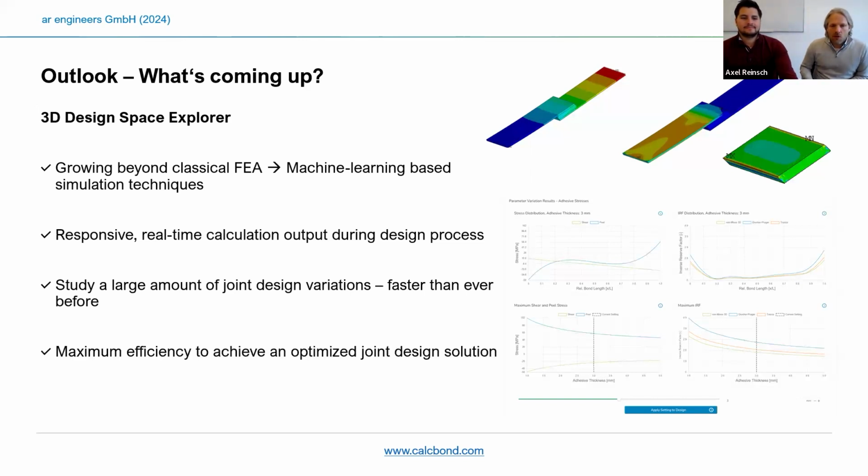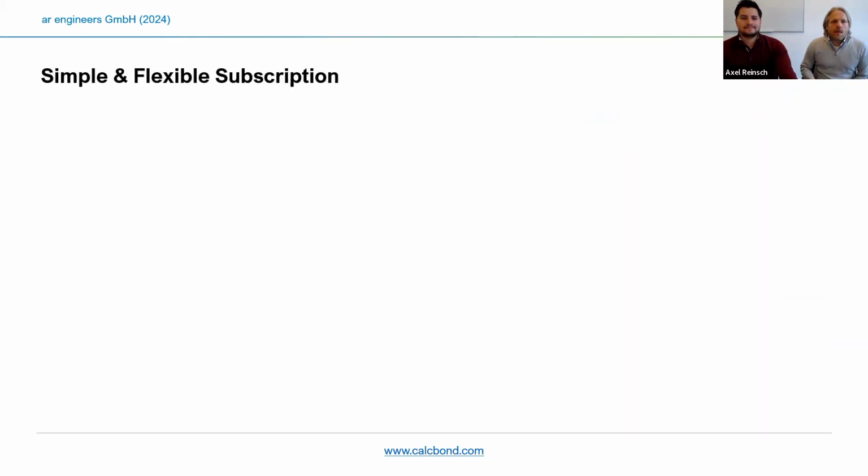The response time is, of course, very small, instead of the case today, where you go into the Auto FEA and do a calculation. It takes a few minutes, 5 or 10 minutes. And if the solver is already busy, you might have to wait for, I don't know, half an hour or an hour. With that machine learning based model, you will always get your results within milliseconds or seconds. And that's what we're working on.